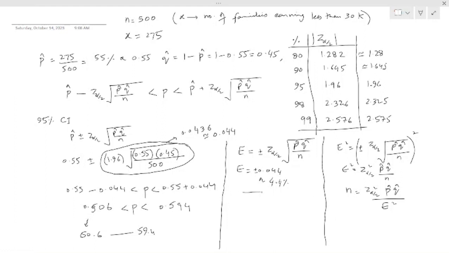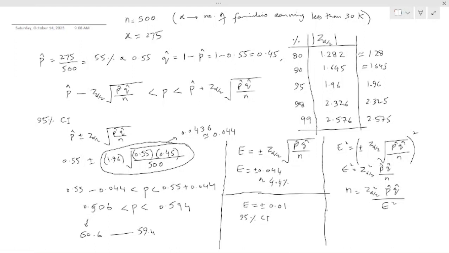So this is how we get the formula to determine the sample size. Now what I have given you as an option is, what if we would like to reduce the margin of error to plus minus 0.01 from 4.4%. So we'll substitute the values, and let's suppose that we are doing it at 95% CI. One more thing we need to be given in advance is the proportion that we expect in the population.